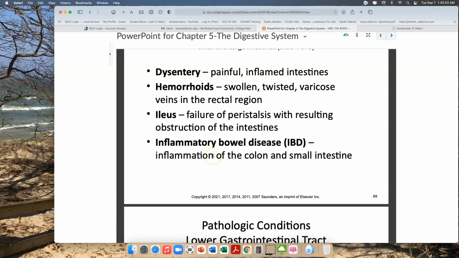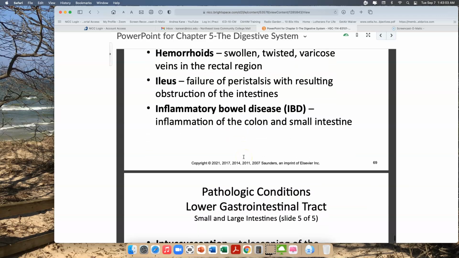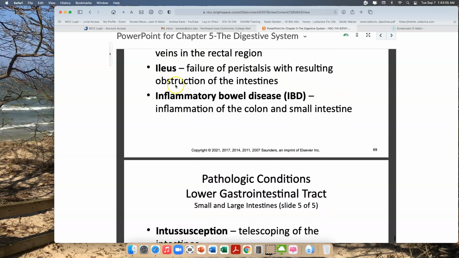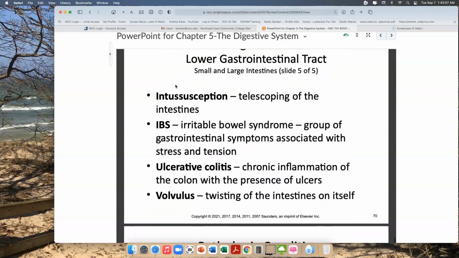The inflammatory bowel disease is different than Crohn's disease. I mean, Crohn's disease is a very specific type of inflammatory bowel disease. This is more of a generic kind of category, umbrella category, you might say. Intussusception. This is where the intestines decide they're going to telescope. They're going to push out in directions they have no business doing.